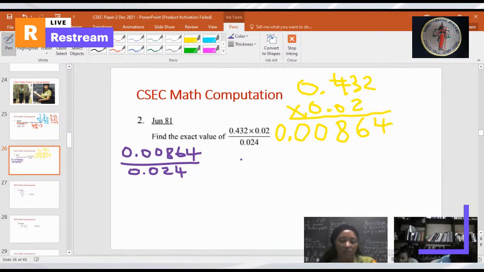How did we get 24? How did this become 24?